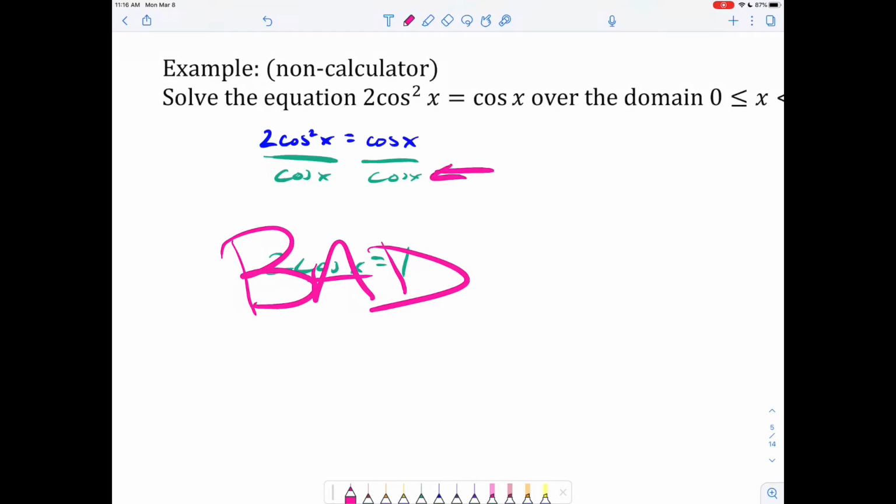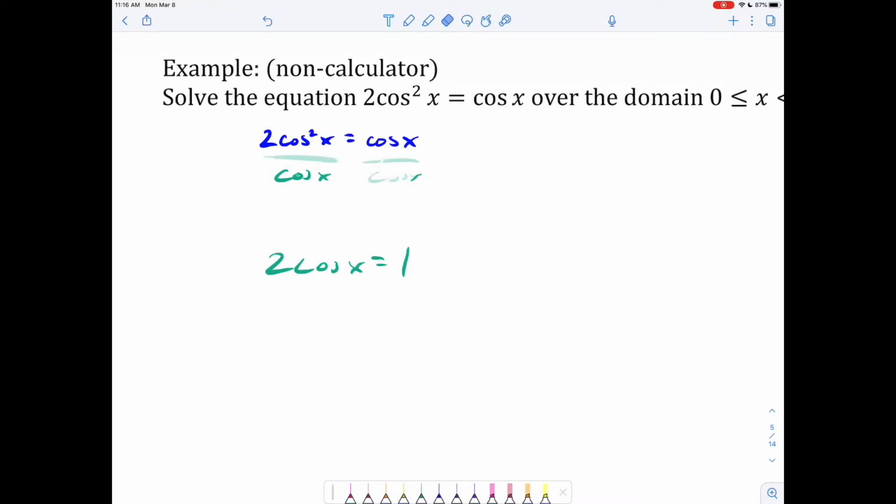Avoid dividing by your variable, because if you divide by your variable, you're going to eliminate an answer. That would just be so sad. It's not that this 2 cos x equals 1 isn't an answer. It's an answer. It's not the answer. So rather than divide by that, we're going to use our sick factoring skills.